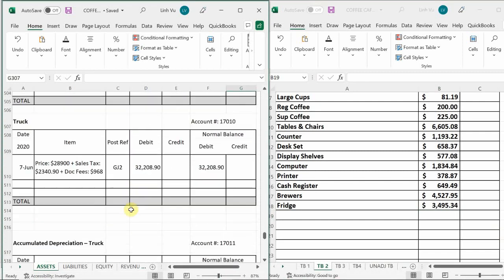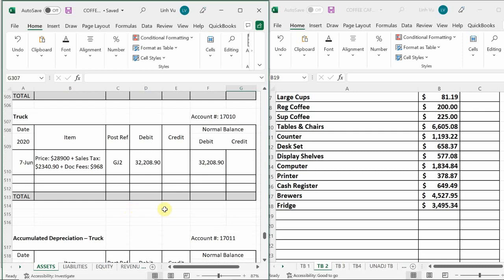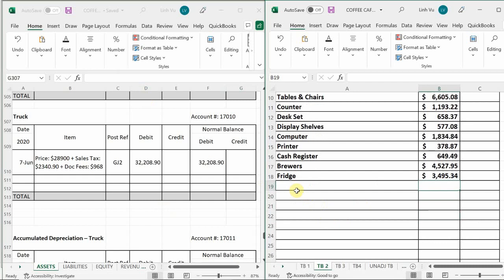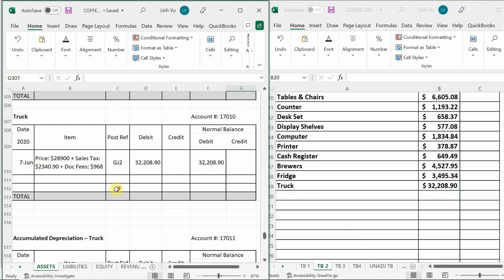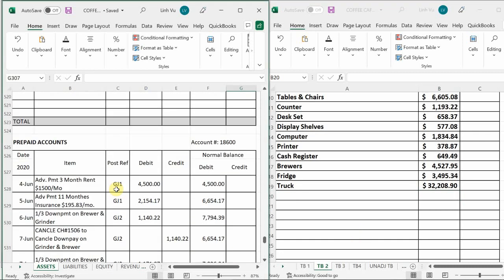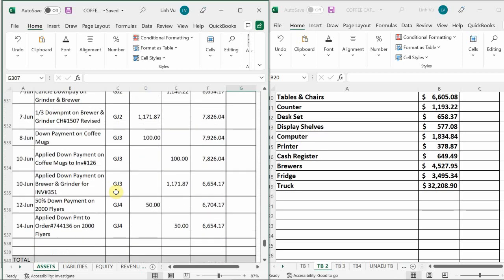Then vehicles. Yes, the first thing that we did was buy a truck. First thing that we did for week 2 was we went to go buy a truck. So $32,208.90 was the total price of the truck. Okay. Then we moved on to prepaid accounts.